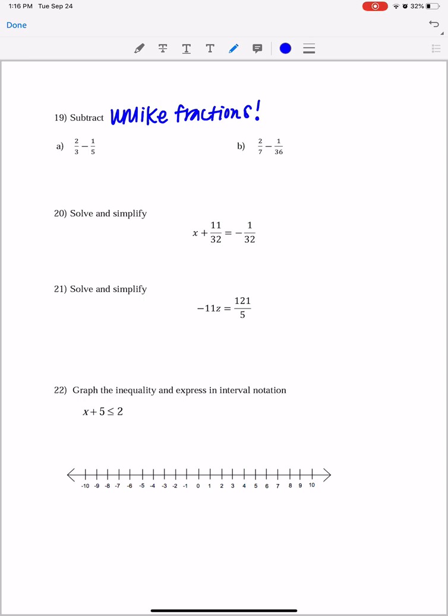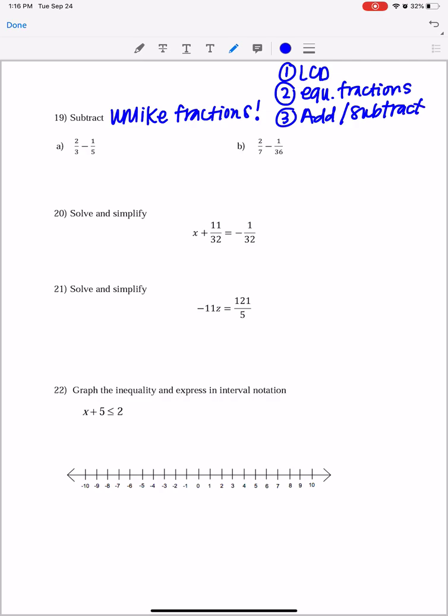So I'll even write that over here. First, find your LCD, make equivalent fractions, and then add or subtract.